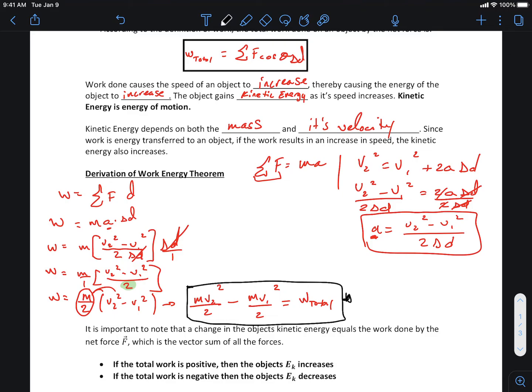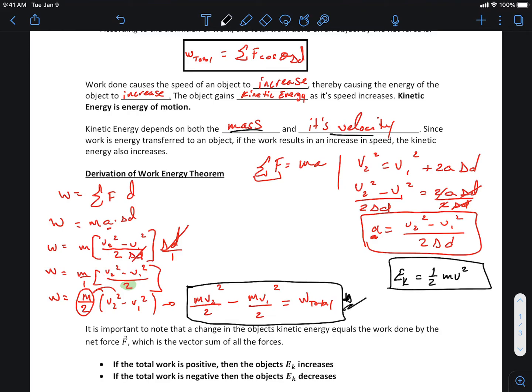And what is this? Well, it turns out that kinetic energy of an object, like we discussed up here, it was the mass and its velocity in combination. Well, kinetic energy is 1/2 mv squared. That's how you would figure out an object's kinetic energy, how much energy it has when it's moving, right?